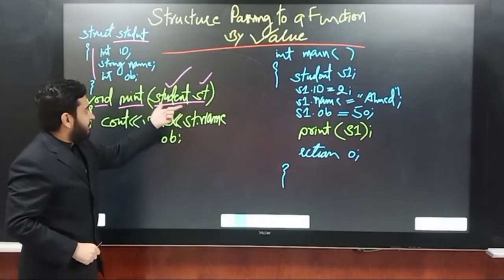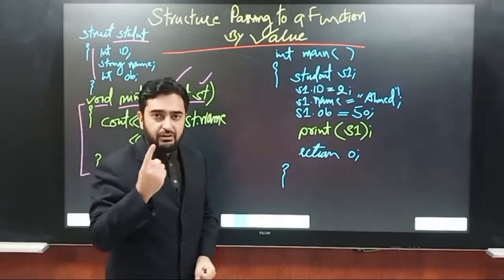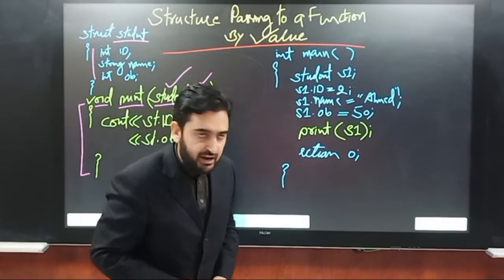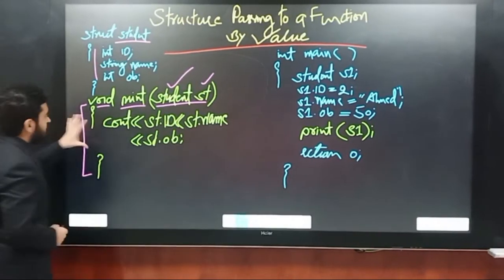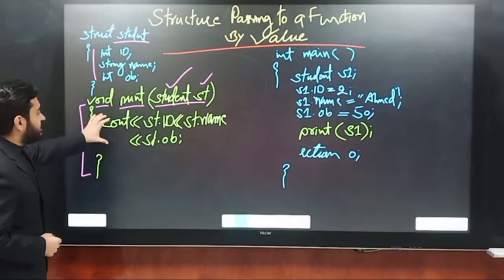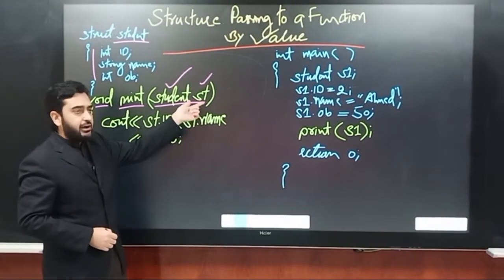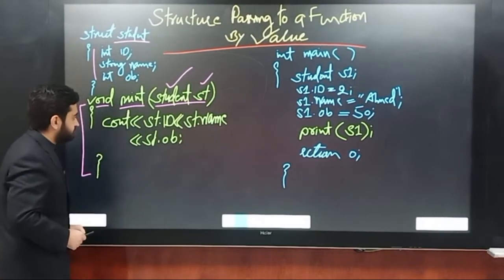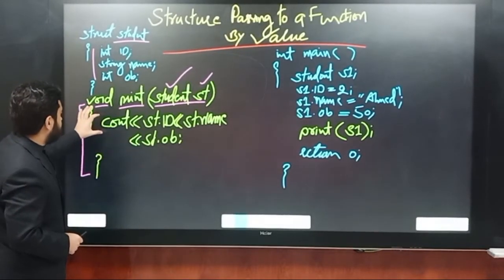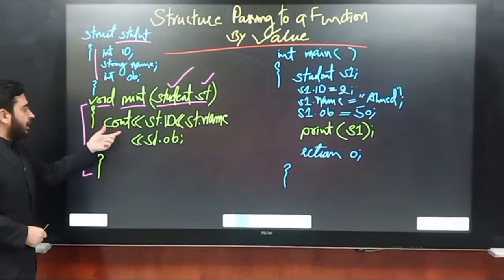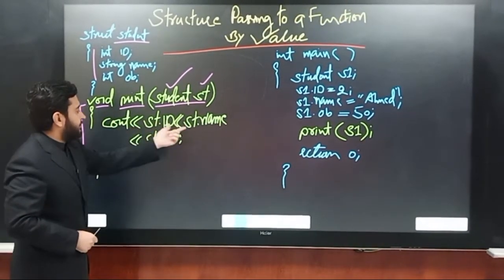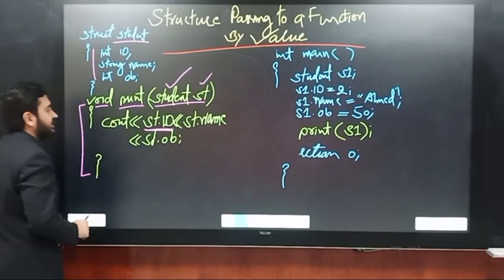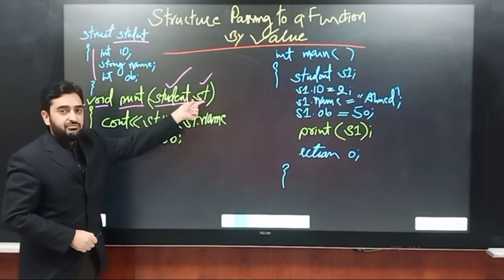So in the parameter list, we now have only one variable. This user-defined function is performed to print out the values inside this st variable. Here you can see we have coded the cout object with the insertion operators, writing the st variable.